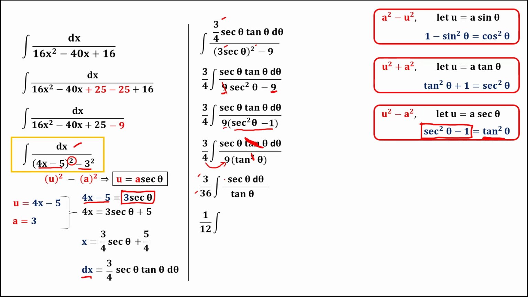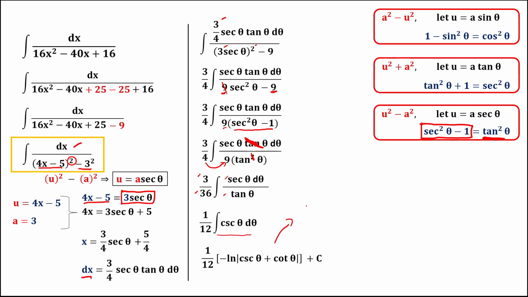And for this, secant over tangent, this is equal to cosecant. Then to find out the integral for this cosecant theta, this is equal to negative ln cosecant theta plus cotangent theta, then plus c.